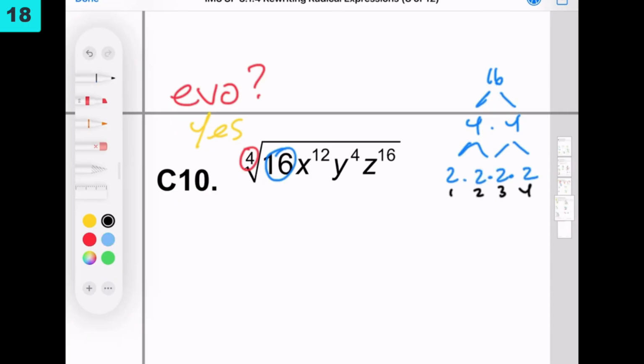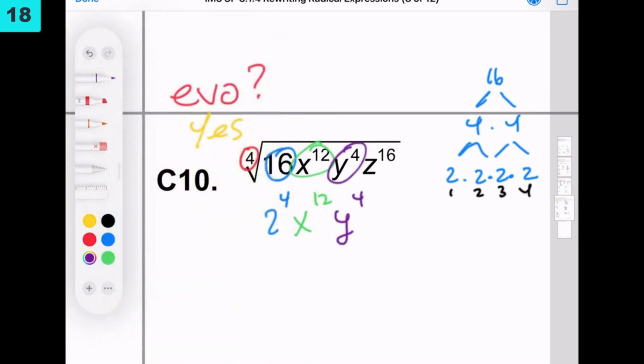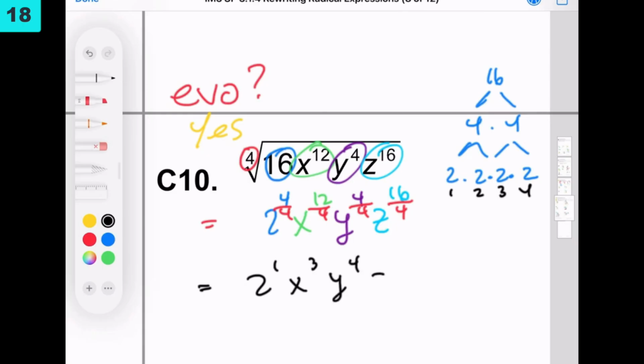So that's why I can write 2 to the 4th power. I have x to the 12th, y to the 4th, and I have z to the 16th here. And we're going to divide all those numbers by 4. So I get 2 to the 1st, x to the 3rd, y to the 4th, z to the 4th.